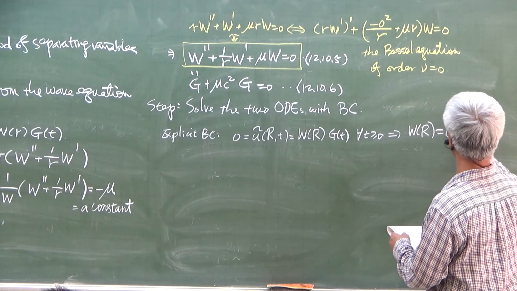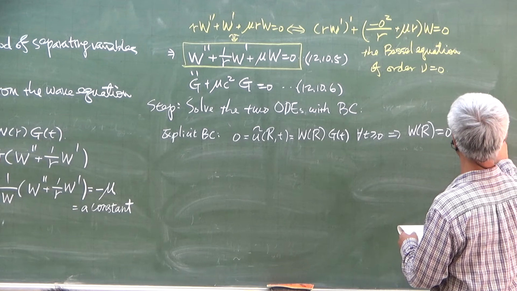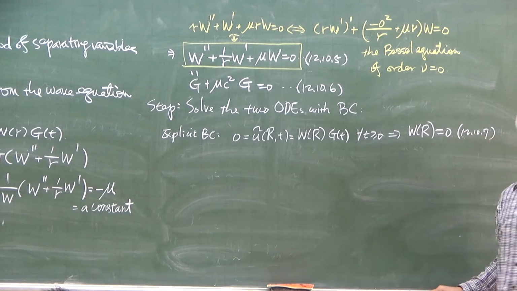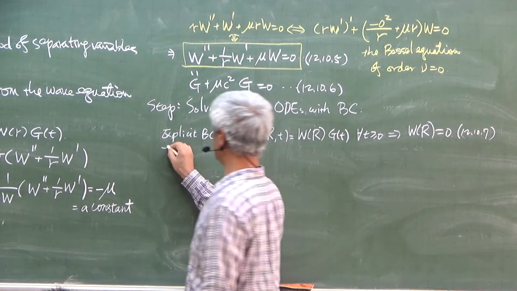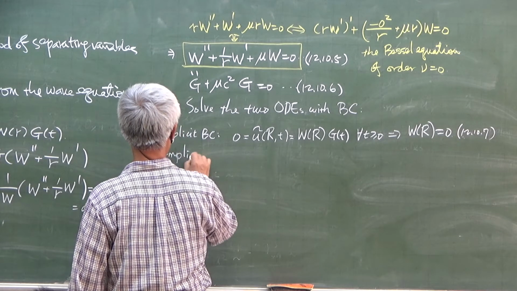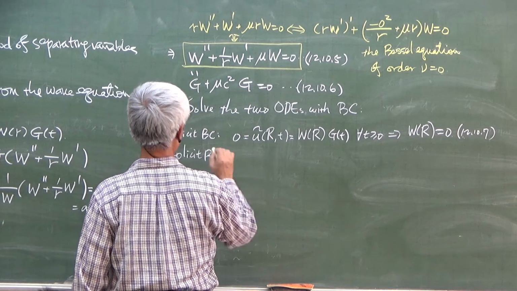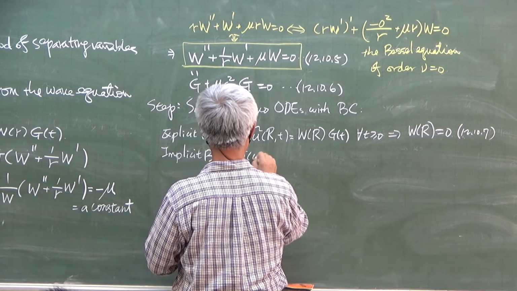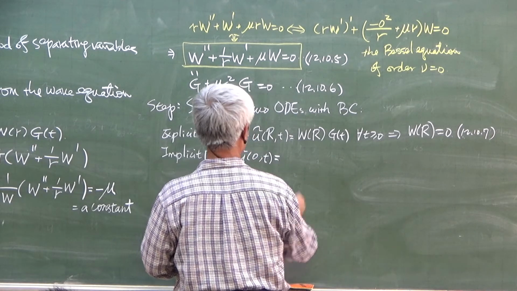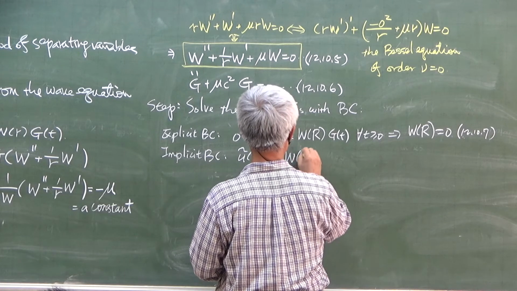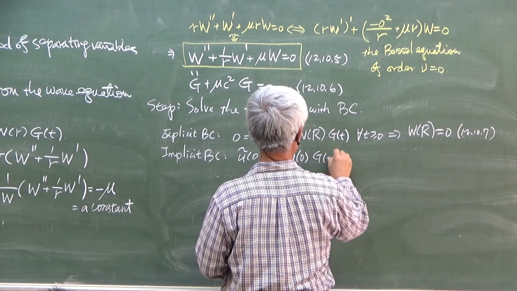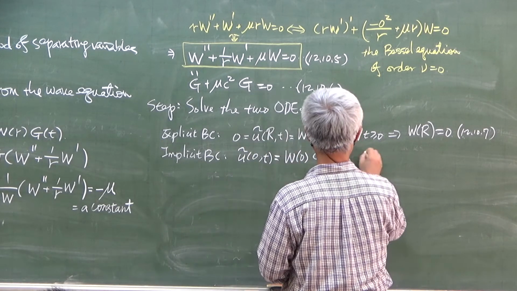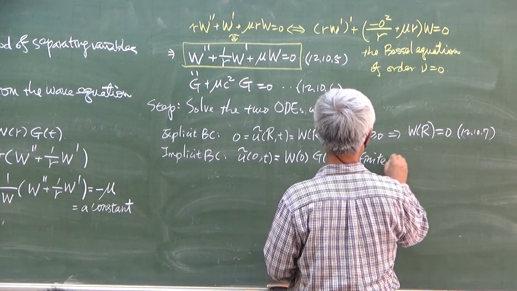So this is 12.10.7. The implicit boundary condition is that u tilde of t, W0 G(t), is finite for all t.